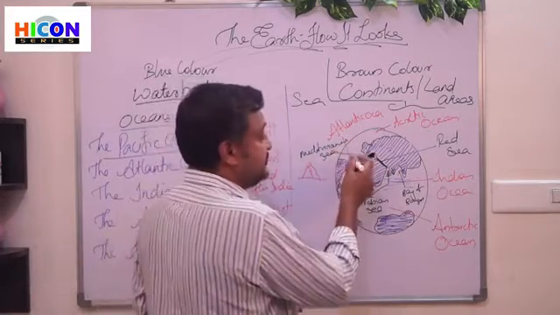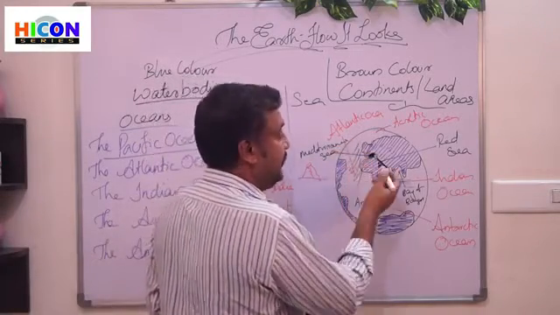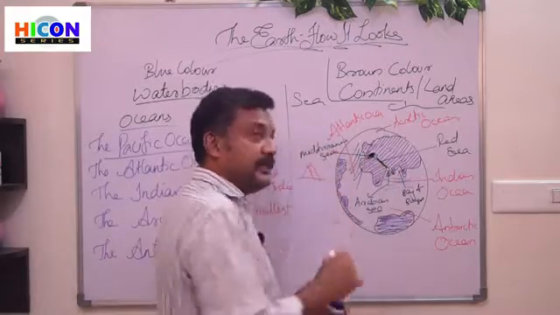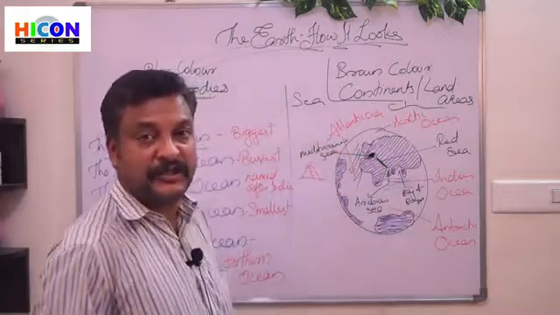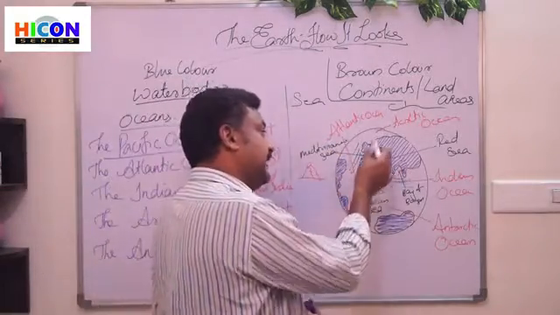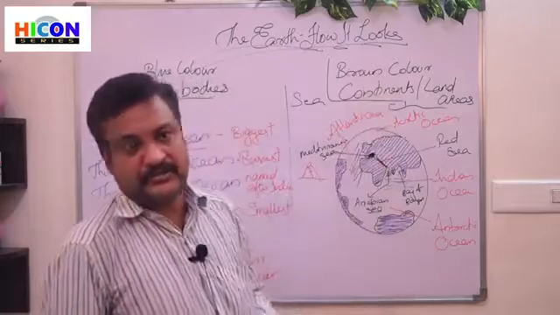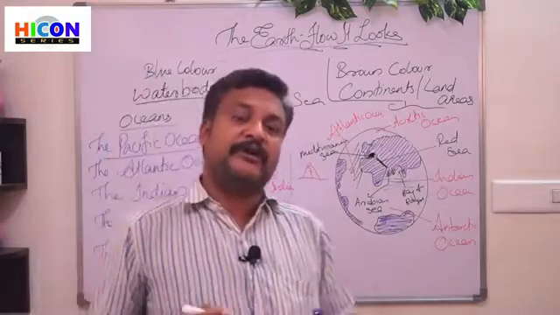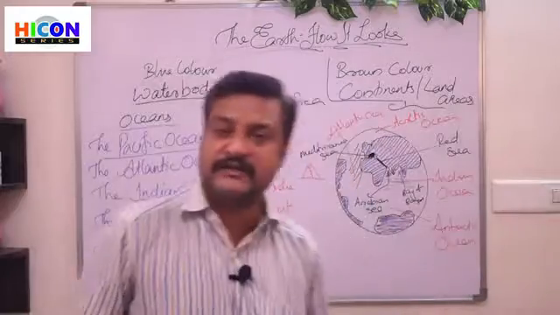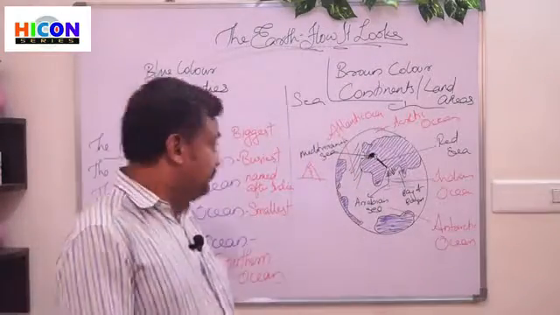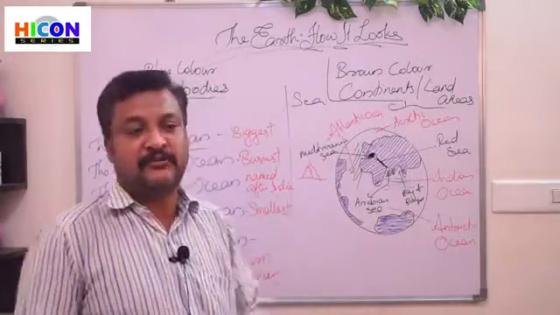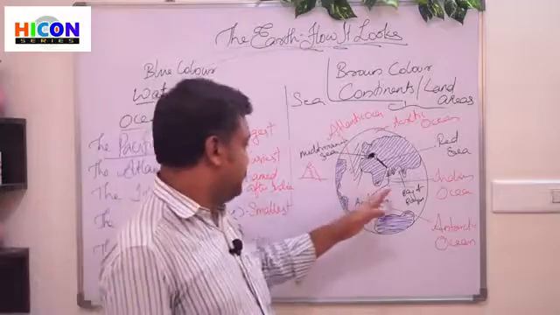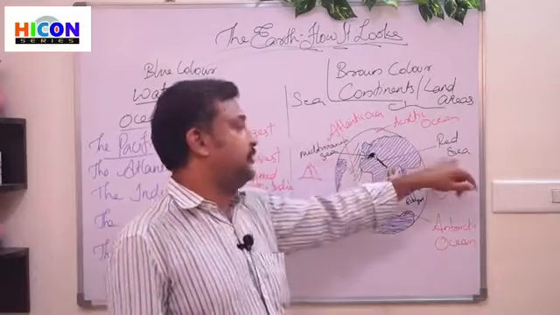Okay, see, this is Atlantic Ocean, and this is an extension of that. So they are usually found at the edges of the oceans. Smaller saltwater bodies usually found at the edges of oceans are known as seas. The major seas we can consider are the Arabian Sea, Mediterranean Sea or Red Sea.